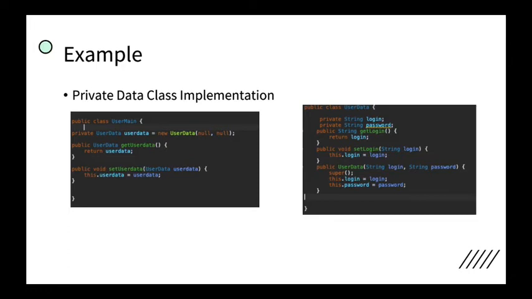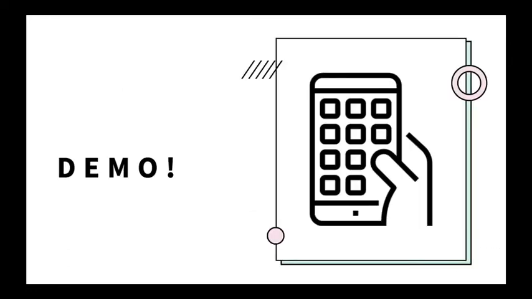For the user main, we have specified user data as an attribute, and then we have specified a getter for that user data.